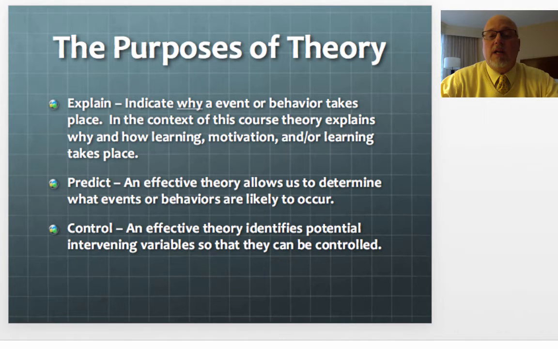And so we need to provide that framework that says why. Why did this take place? It's one thing simply to observe something and say this happened. It's another thing to say this is why this happened. And so theory provides us with that answer. Why did learning take place, or why did motivation take place in the particular way that it did? That's really the main thing that we focus on when we're dealing with theory.